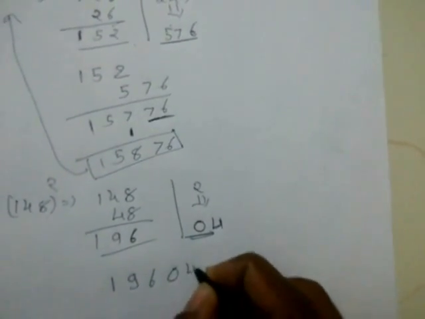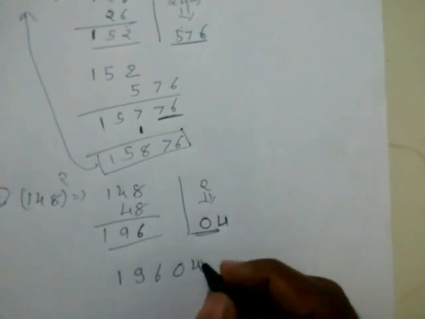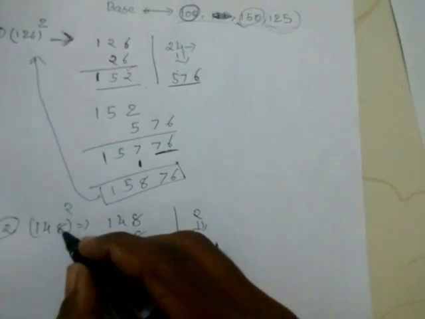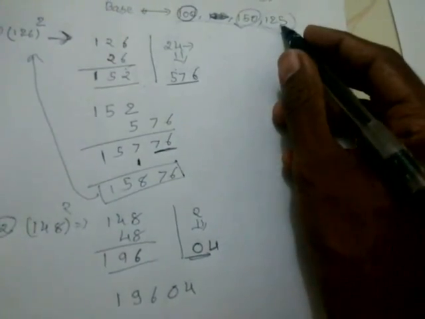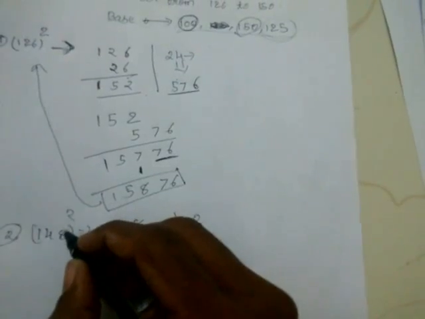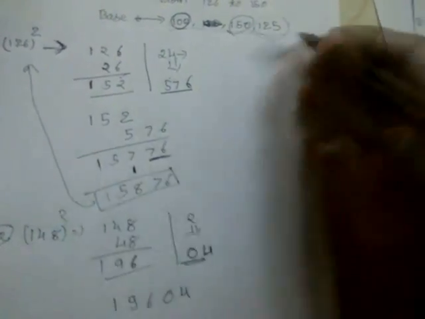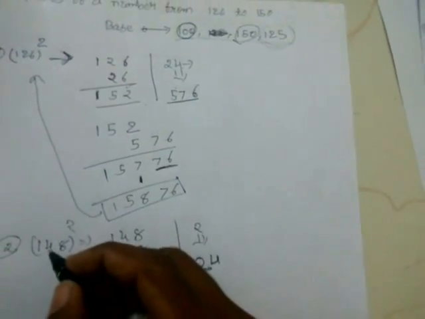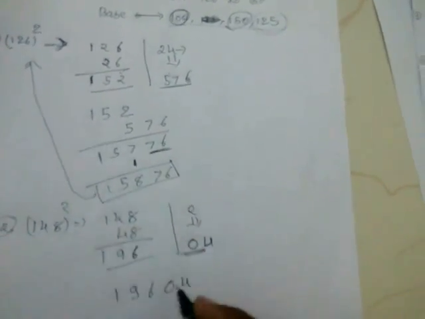19604. Now in the third and final step, we'll use 125 as a base. So the difference between 148 and 125 is, if you find this difficult, then the difference between 150 and 125 is 25, 25 minus 2 will be 23.